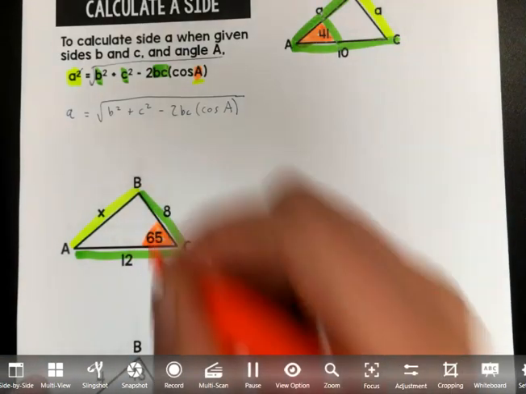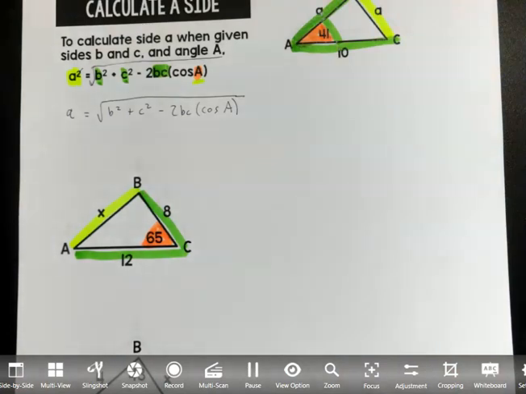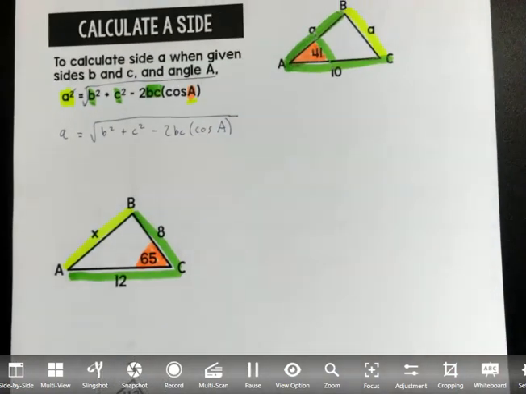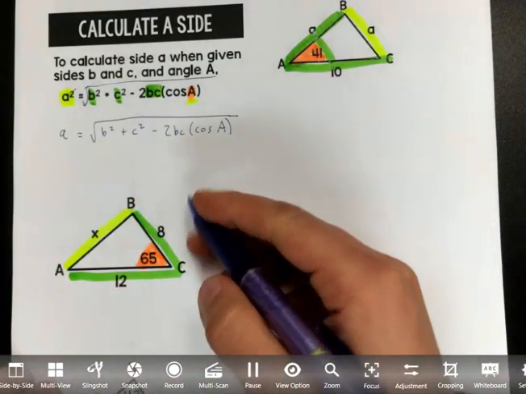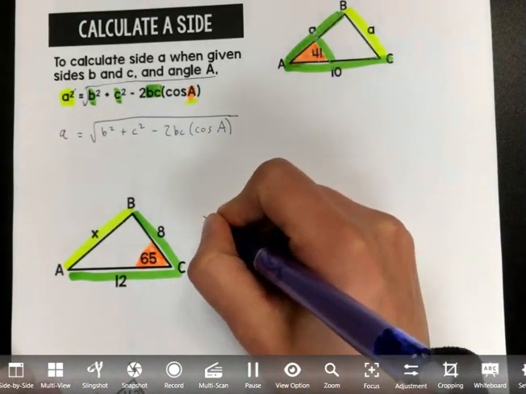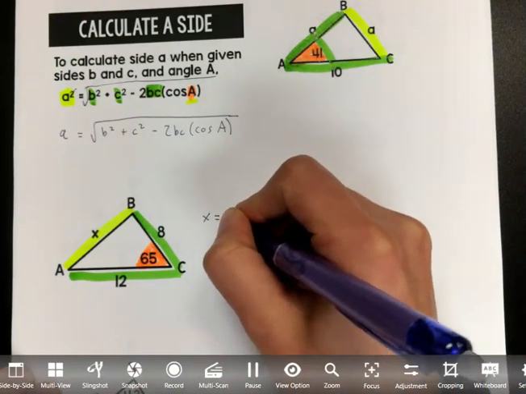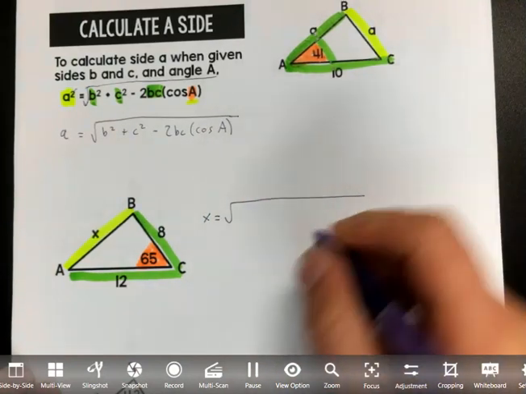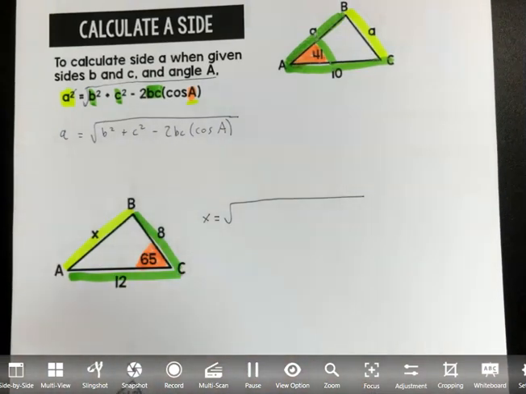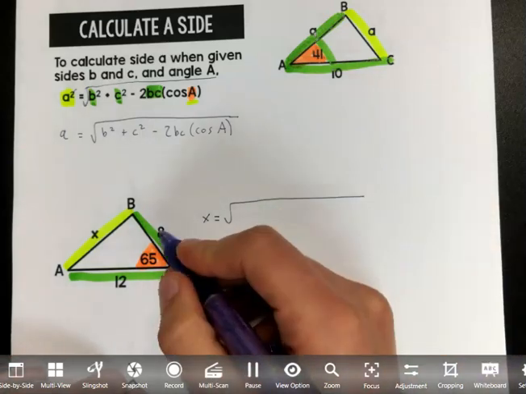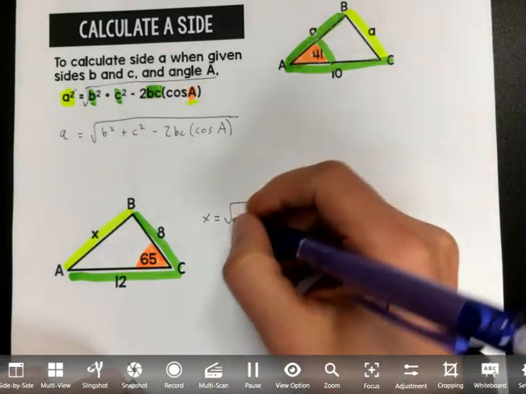So I have a case for law of cosines right here. In law of cosines, all I'm going to do is use this whole thing right here to say that my yellow side, x, is equal to the square root of, now it doesn't matter which one I call b, which one I call c, just as long as I remember one of them is one thing, the other is another. It doesn't matter which is which. So I'm going to go ahead and start with this one.